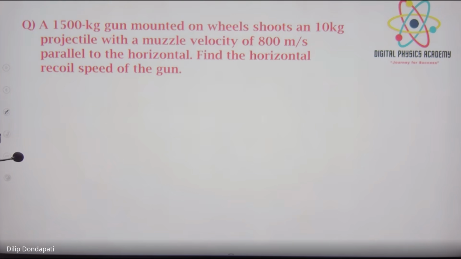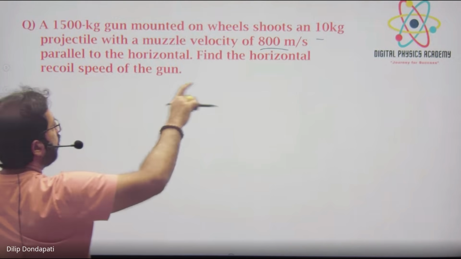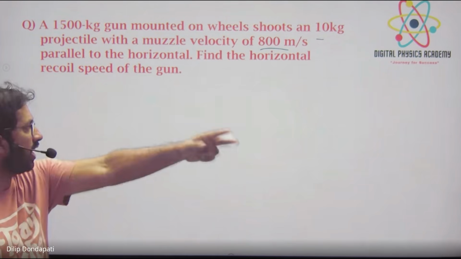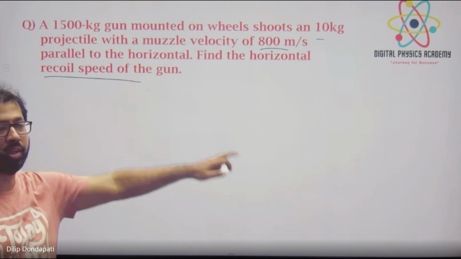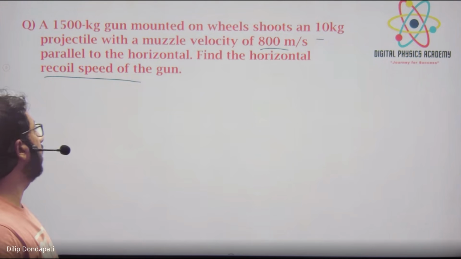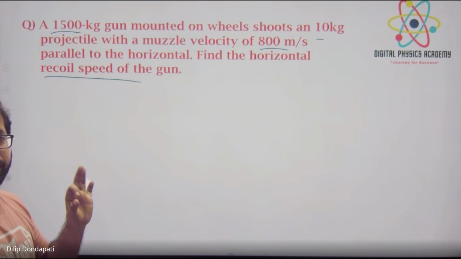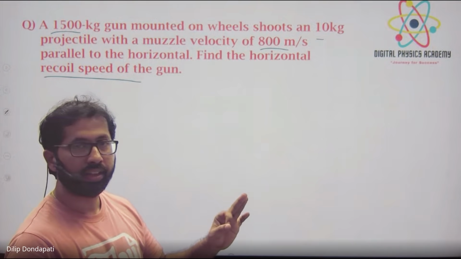A 1500 kg gun mounted on wheels shoots a 10 kg projectile with a velocity, the bullet's mass and velocity are given, parallel to the horizontal. Find the horizontal recoil speed of the gun, that is, the recoil velocity of the gun that comes backward, and its mass is also given. So in this case, can we apply conservation of momentum? Yes, because external force is zero, internal forces always cancel out each other, action reaction pair cancel out.